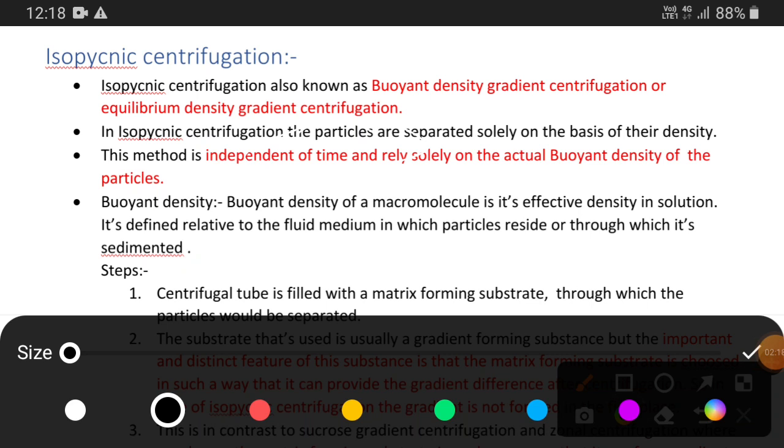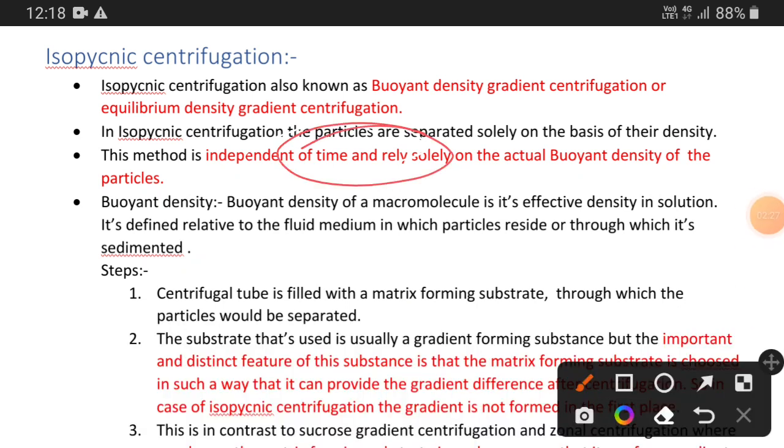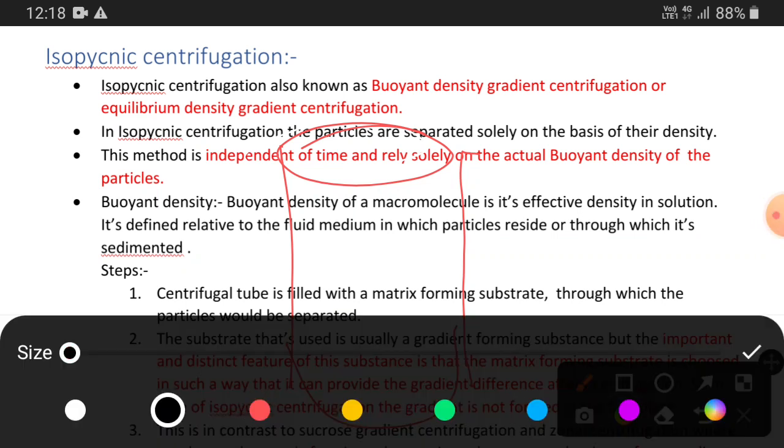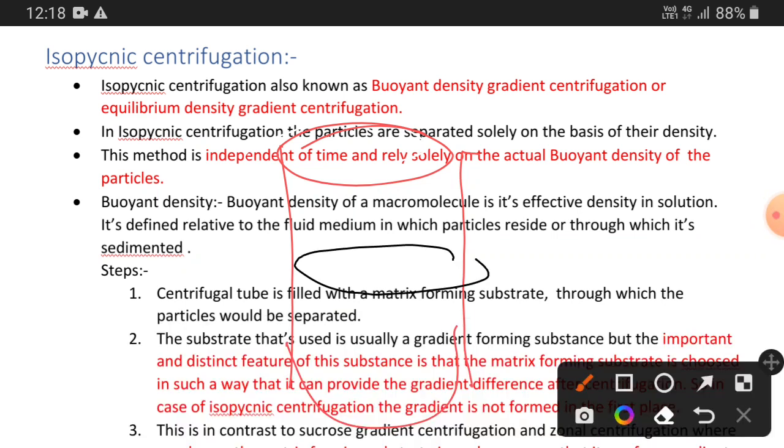Another important property of isopycnic centrifugation that I want to mention is that the matrix forming substances we are using not only produce a density gradient, but have another distinguishable property: they generate the gradient during the centrifugation process.